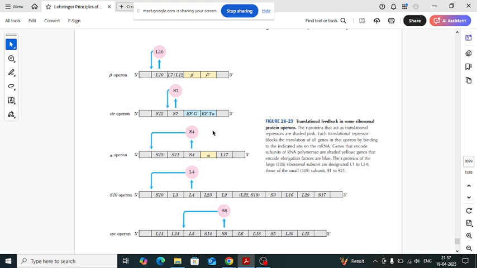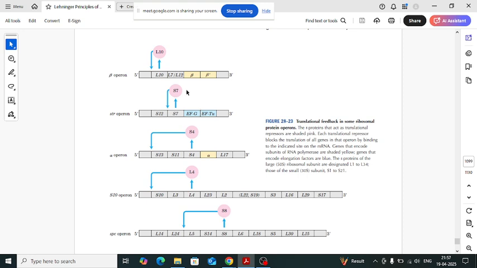We talked about that. The large ribosomal subunit proteins are designated L1 to L34 and the small ones are S1 to S21. There are many operons, for example the beta operon. Beta and beta dash are subunits of RNA polymerase, and EFG and EF2 are elongation factors.